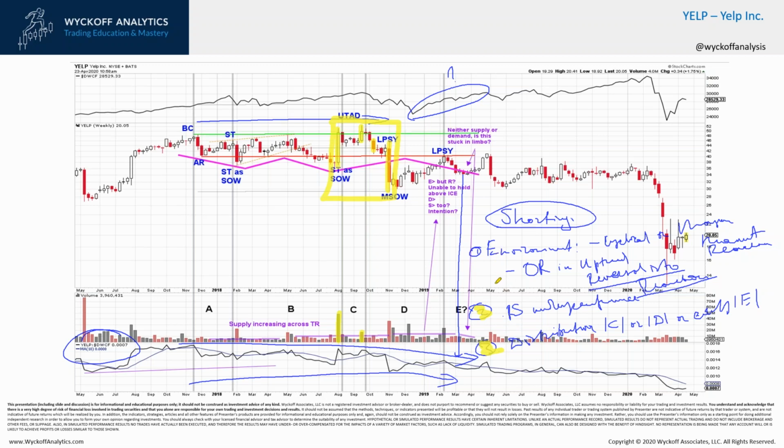The only requirement that was not fulfilled completely on the analytical side was the environmental requirement. Because we are in the uptrend right here, we want to observe some kind of reversal or weakness and short at the first signs of market deterioration and reversal.